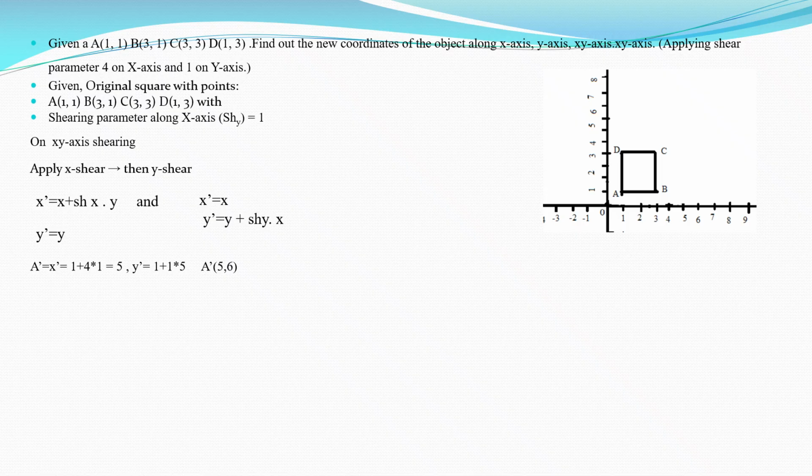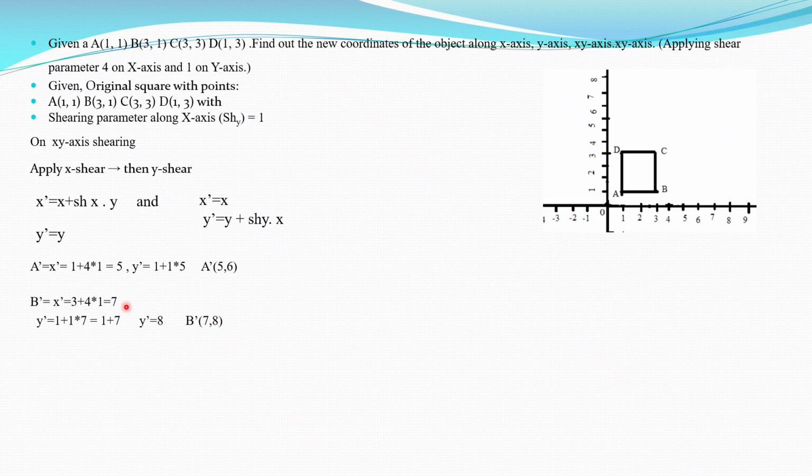After this we take the y shearing, because x is the same as the x we got in the x shearing, which is 5, and y is 1. So y is 1 plus shearing 1 into the x value, which we got from the x shearing, 5. So we got A dash as 5 comma 6. Okay.